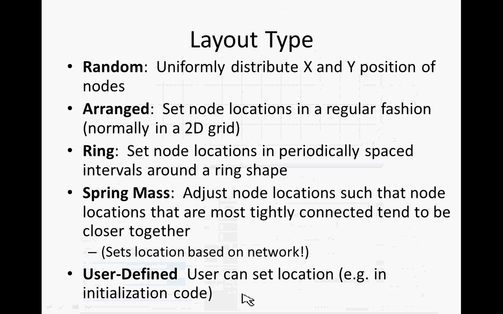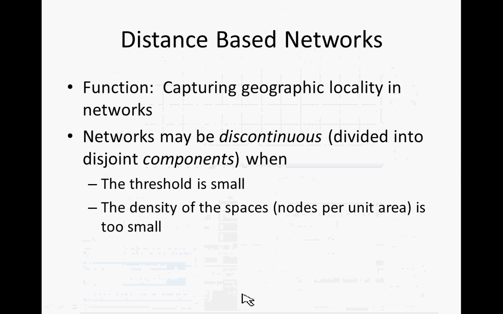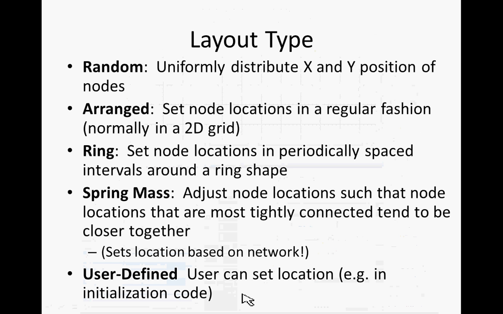They're arranged in a grid. It could be a ring. They could be located in a ring in space, even if they're not connected purely with others in a ring type of way. This is about spatial layout now. A spring mass, so here we adjust node locations, so where they are logically, such that those who are close together in a network get placed close together, and then a user-defined one where the user can define the networks.